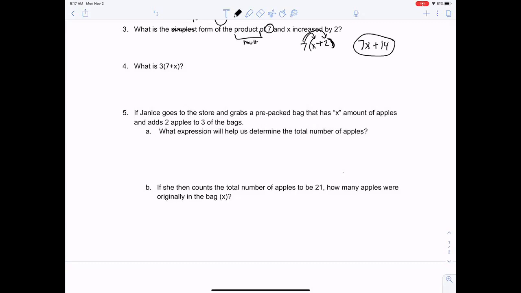So again, distribution is just the little arrows, the little rainbow, if you want to think about that. It is 3 times 7 is 21. 3 times x is 3x. That's my distributed form.